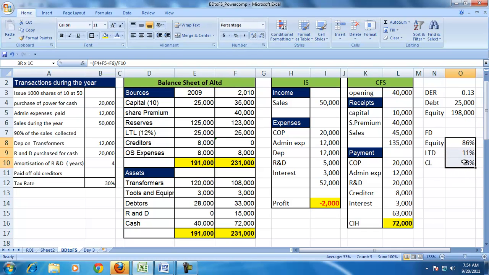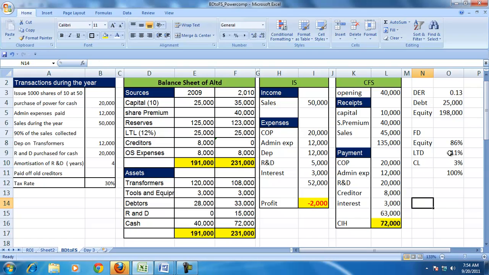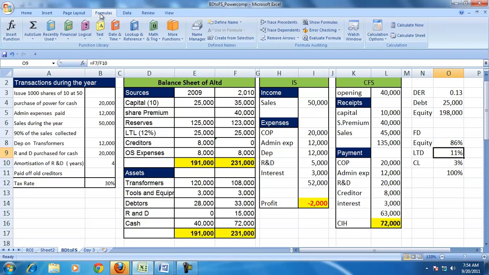So that means the business is funded by equity to the extent of 86%. Long-term debt is financing 11% of the assets, and the current liability is financing only 3% of the business.